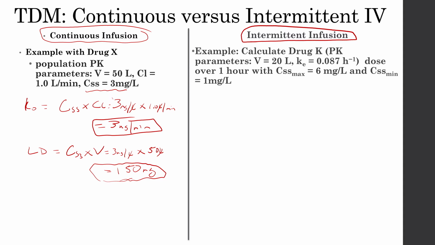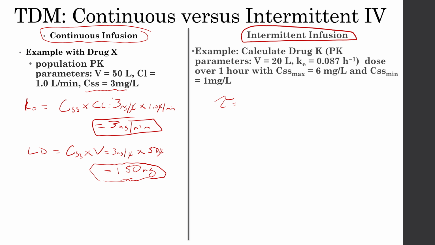Intermittent infusion. Here we have another drug. There's PK parameters. And here, because it's not a continuous infusion, we have to have maxes and mins, right? Because there's maxes when you just end the infusion, and then there's mins right before you begin it. And so therefore, we do need to figure out a tau with this one.